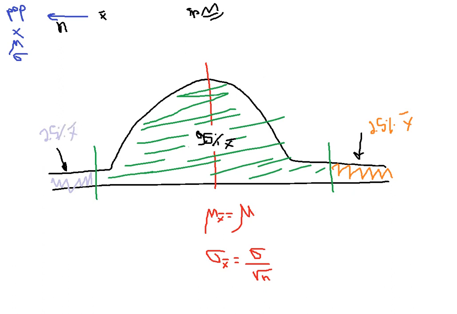Now my question is, how can I find this value? I'm going to call this x bar upper limit, and I'm going to call this one x bar lower limit.